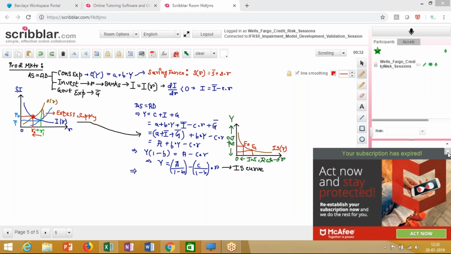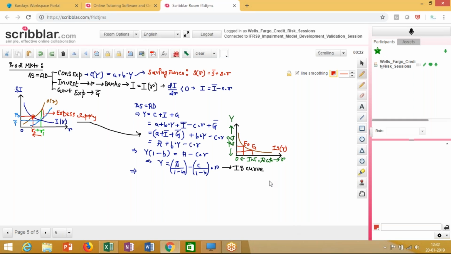And if Y goes down, then in real time my YD, or disposable income, will also go down, and that would have an impact on the default rate. So if R goes up and Y goes down, your default rates will also increase.